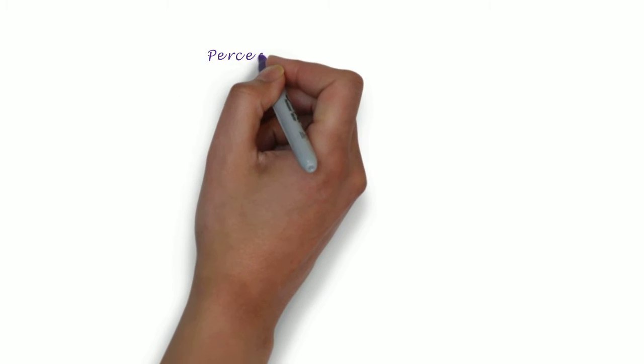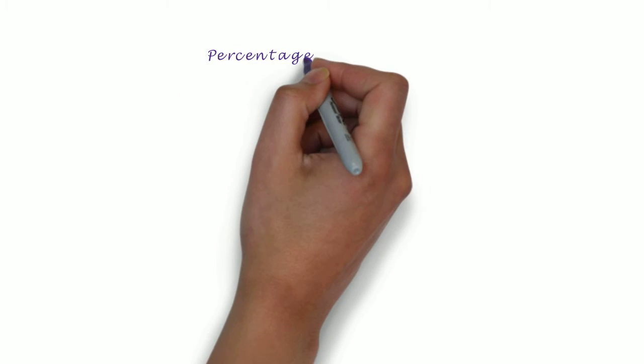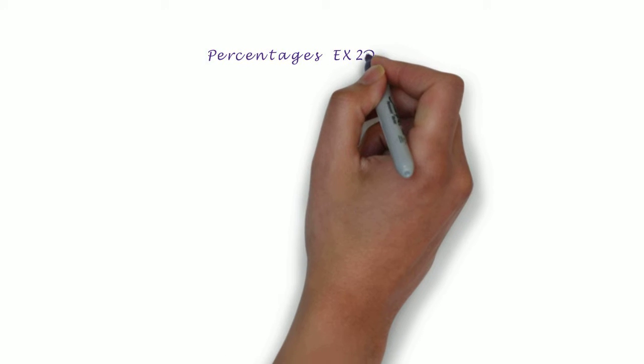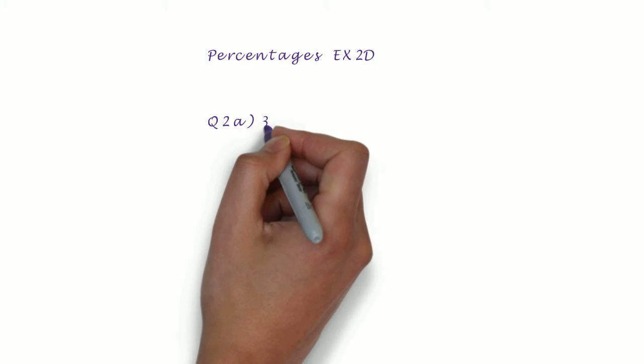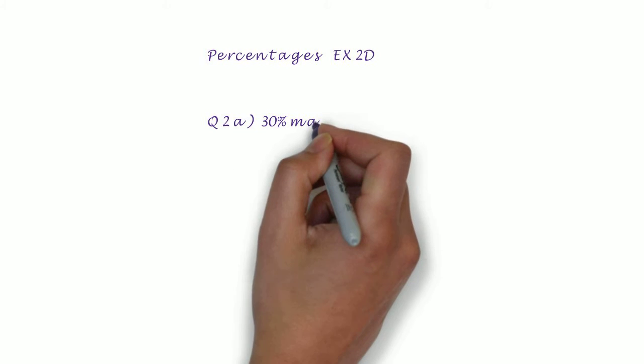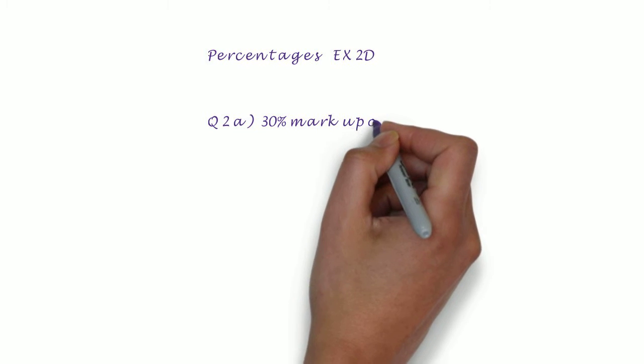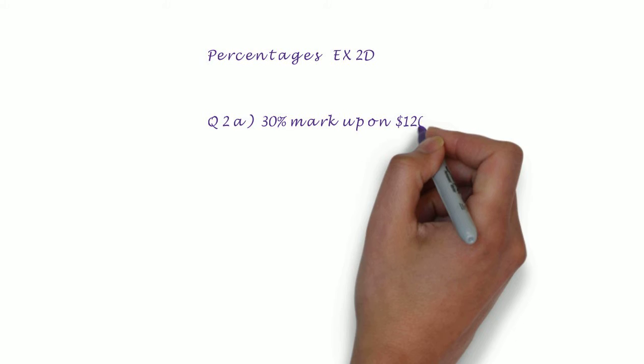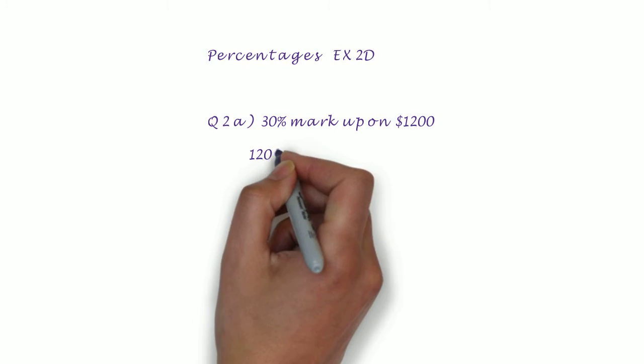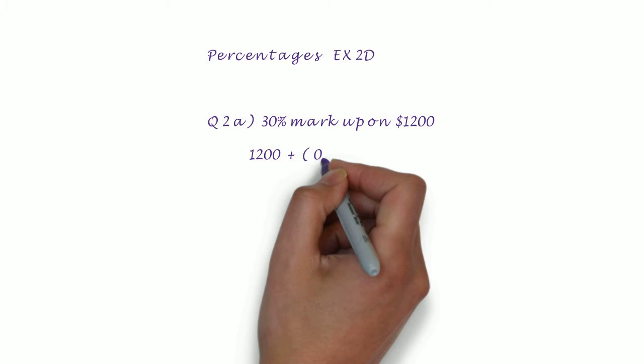Let's move on now and have a look at exercise 2D, which is our final section. Question 2A asks us to calculate the selling price when there's a 30% markup on $1,200.